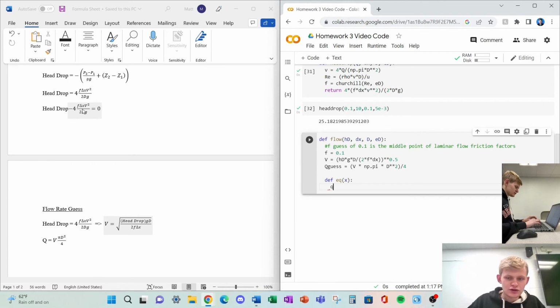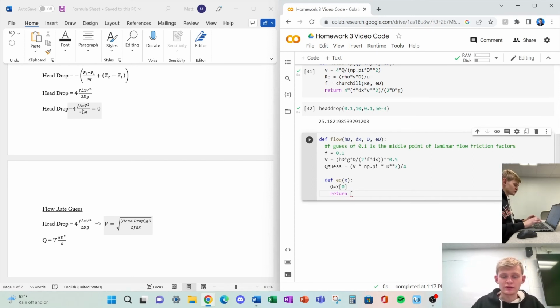And Q, our flow rate, is going to be the first value of the array of x. So from here, we can then return our function, and we also need to make this an array, since we're putting in arrays and then trying to find an array. So we need everything to be an array here.